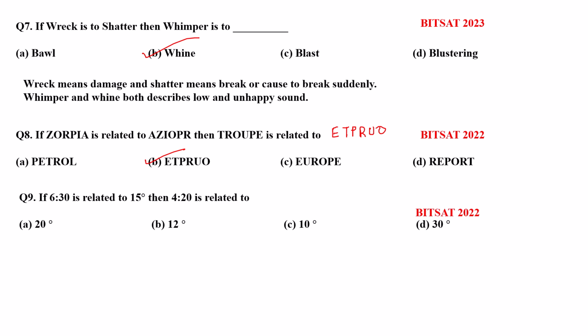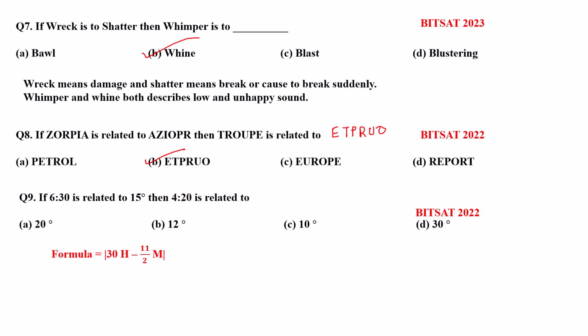Now the next question is, if 630 is related to 15 degree, then 420 is related to? This question is based on the clock, right? We already know the formula to find the angle between the hour hand and minute hand. For 630 it is given as 15 degree, and you have to find it for 420. If you use this formula for 630, you will get 15 degree. So let's find the angle formed by the hour hand and minute hand at 420.